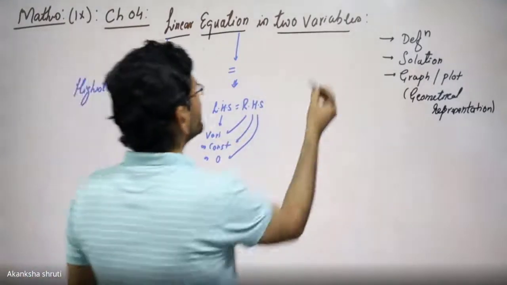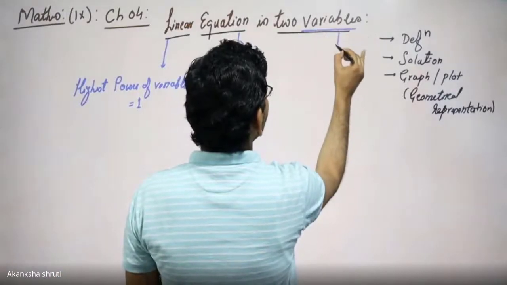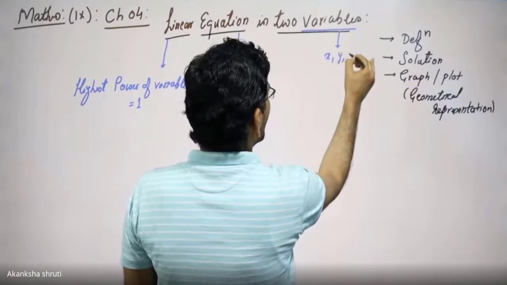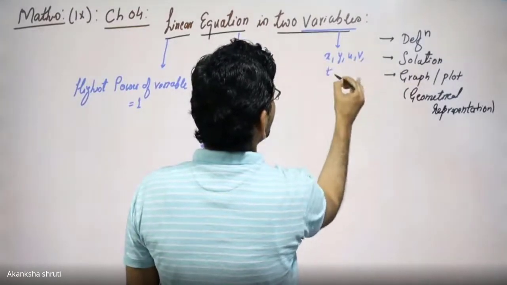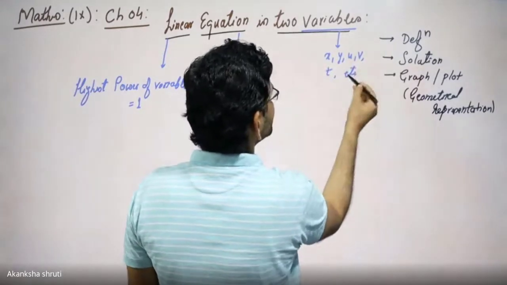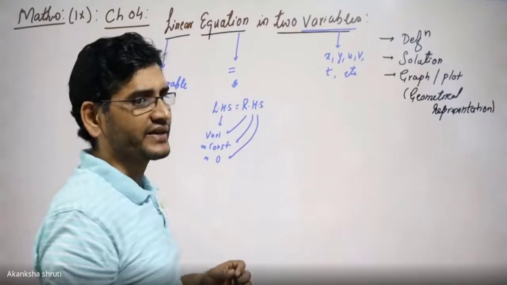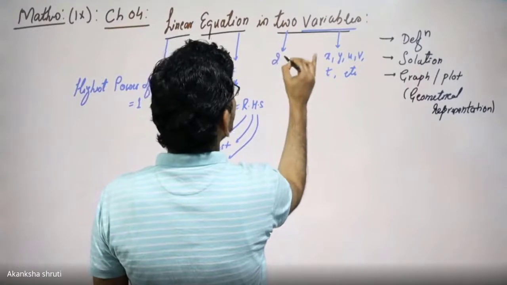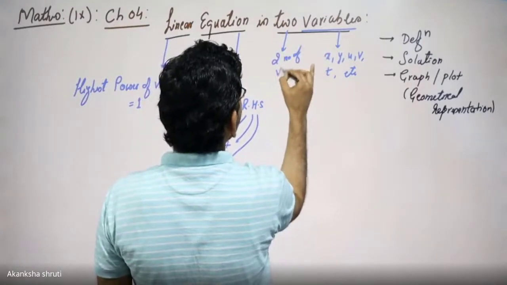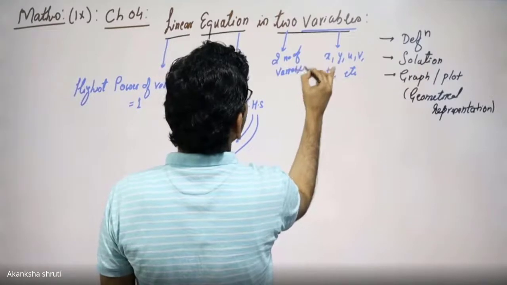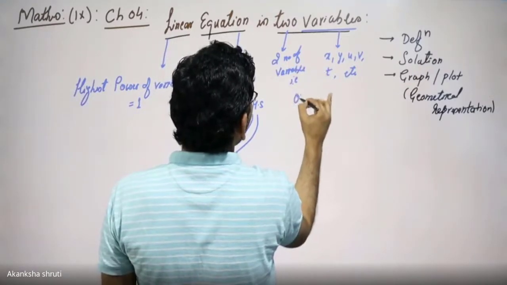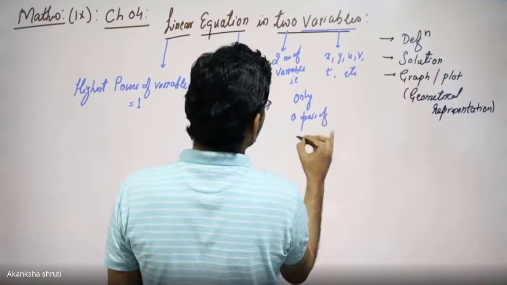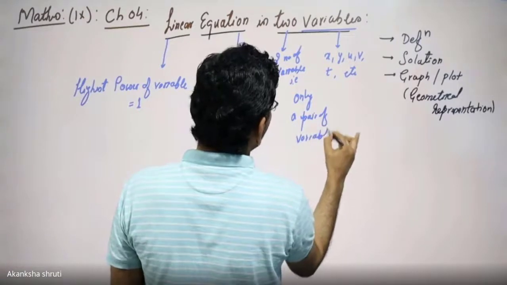Then two variables. The name variable indicates some varying quantity like x, y, u, v, t, m, n. These are the denotations for the variable. Students, the two indicates the number of variables, that is only a pair of variables.